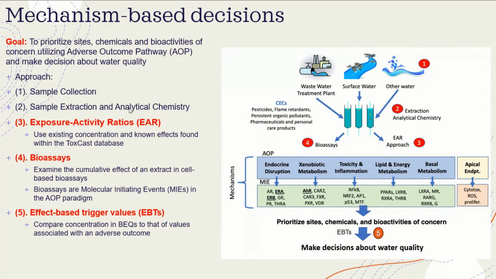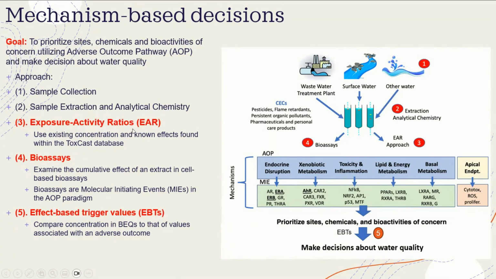So we may have a list of chemicals that we know are present and that we're concerned with, and we're following all the appropriate guidelines. What we're trying to do is prioritize sites for cleanups, think about chemicals and bioactivities that might be a concern, focus on adverse outcome pathways, and at the end make a decision about water quality.